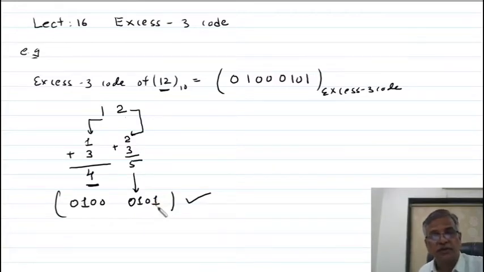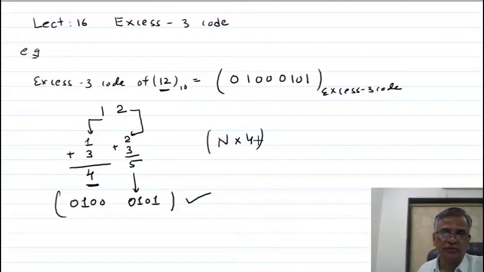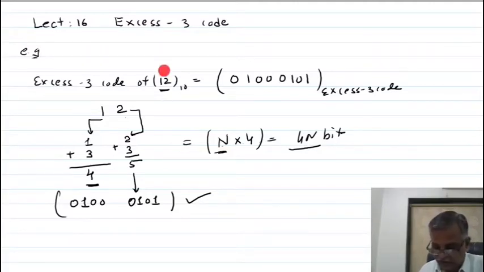It means if you have an n-digit decimal number, then its XS3 code has 4n bits. It is represented by how many bits? 4n. If it is a 2-digit decimal number, how many bits are required? 8 bits. Look here, 8 bits.